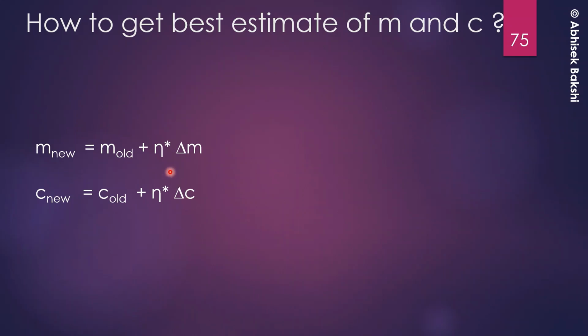The question is, what is this eta? This eta is called the learning rate. This learning rate is extremely vital in any machine learning training.